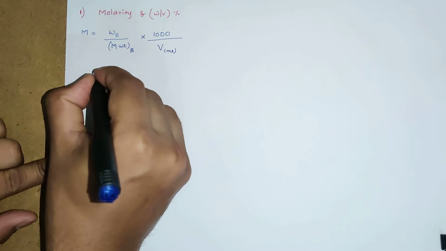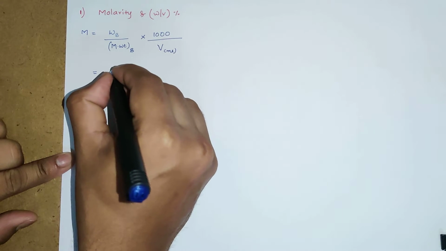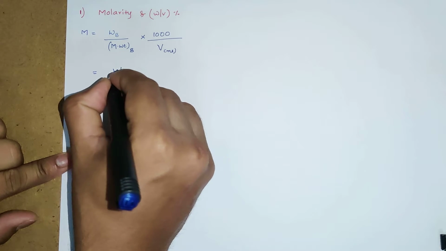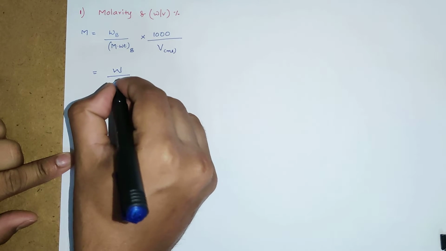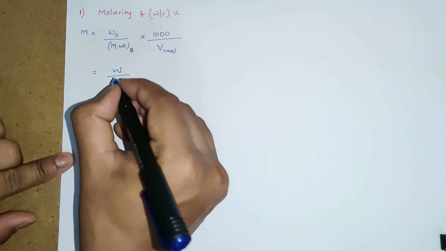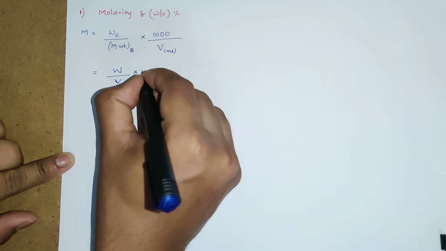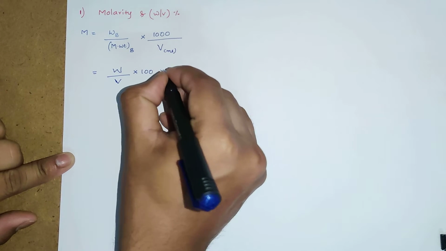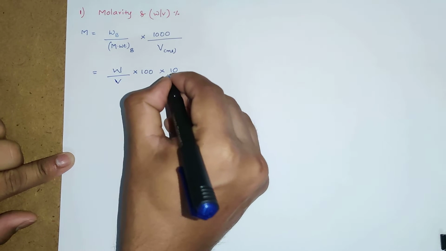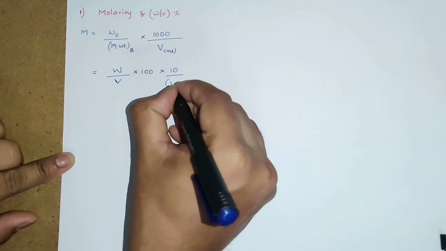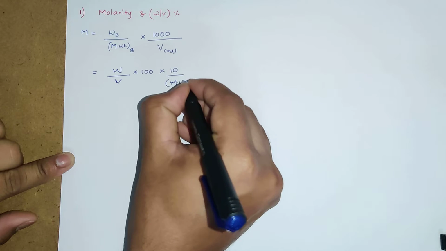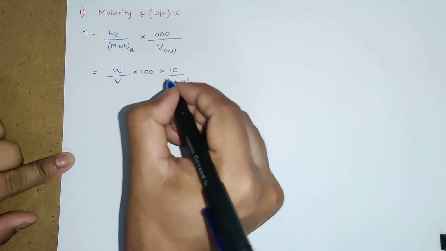Just rearranging this equation, weight of solute by volume of solution into 100, into 10. 1000 you can write as 100 into 10, by molecular weight of solute.